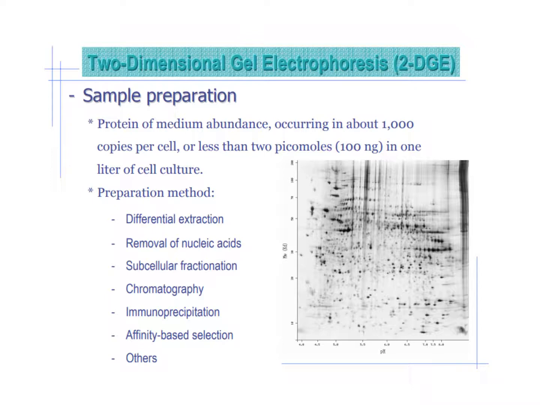Here's the subcellular fractionation by the different centrifugations, the different chromatographies we've talked about. If you have an antibody, you can precipitate, or other kinds of affinity pure selections here. So all the methods that we had talked about can slide in, and then you can use this 2D gel electrophoresis as a way to get, again, the spots.